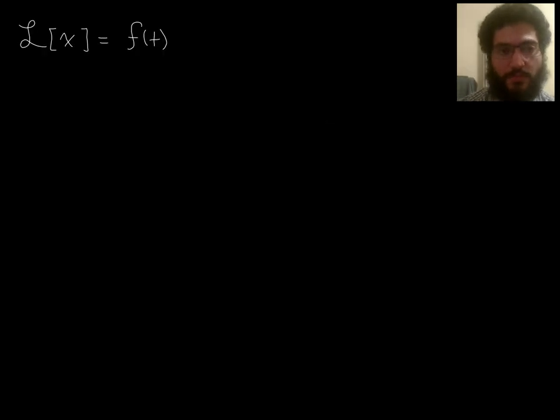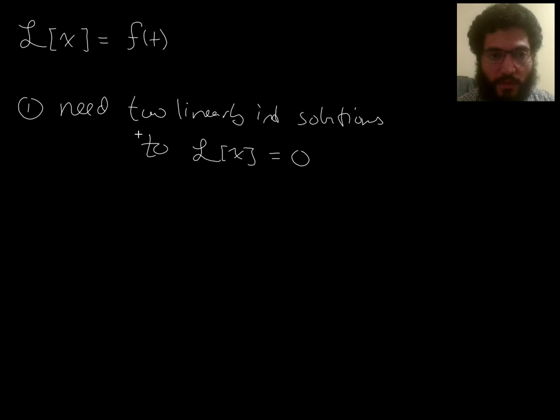Then the differential equation still has this form where L is just more complicated. It's still true that if you want to solve the homogeneous linear system and be able to handle any pair of initial conditions, you need two linearly independent solutions.